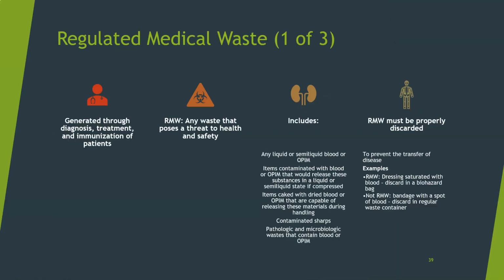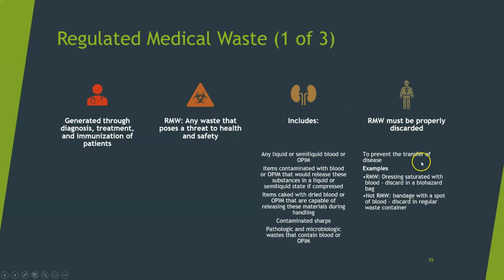And these housekeeping policies and procedures include anything that is within medical waste. So regulated medical waste is any waste that poses a threat to health and safety. You can see the things listed here that include any liquid or semi-liquid blood or other potential infectious materials, items contaminated with blood, items caked with dry blood, contaminated sharps, or pathogenic or microbiological wastes that contain blood or OPIM, and need to be discarded.